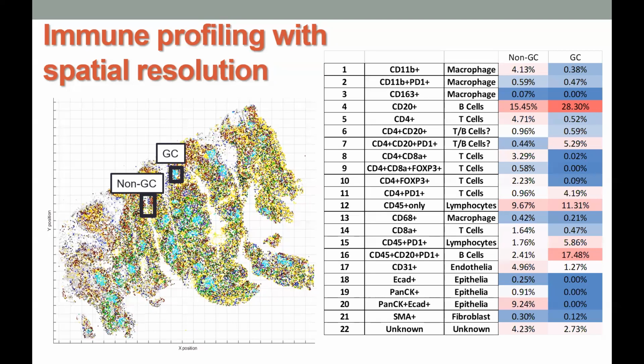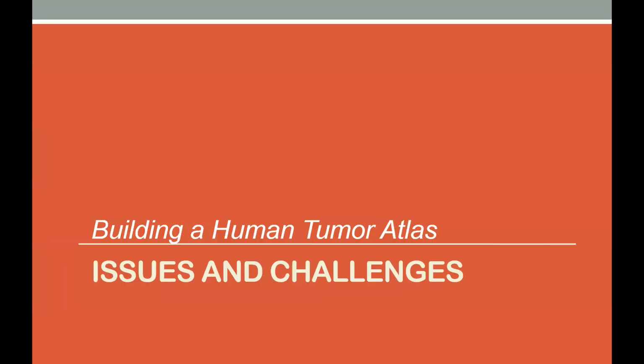In a germinal center, you should expect to see more B cells or proliferative cells, while outside you should see other markers. So it works as we expected. Hopefully very soon we can push this toward publication, and people can use this system in their own research. This is the last part of my talk.